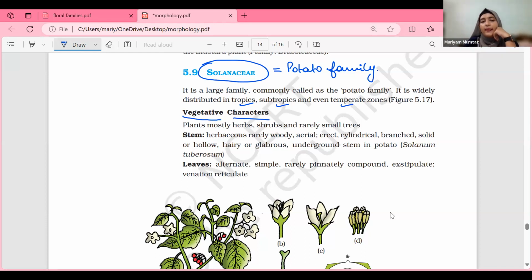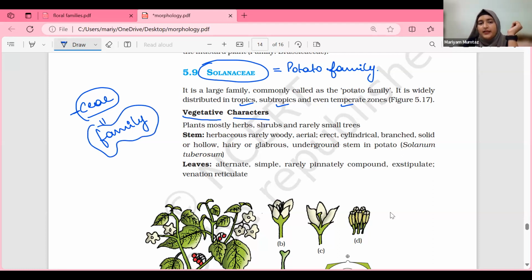Now see, Solanaceae, right? This suffix, which is CEAE, is always used for family. Whenever you see any word succeeded by CEAE, like Solanaceae, Fabaceae, Liliaceae, this suffix denotes a family.